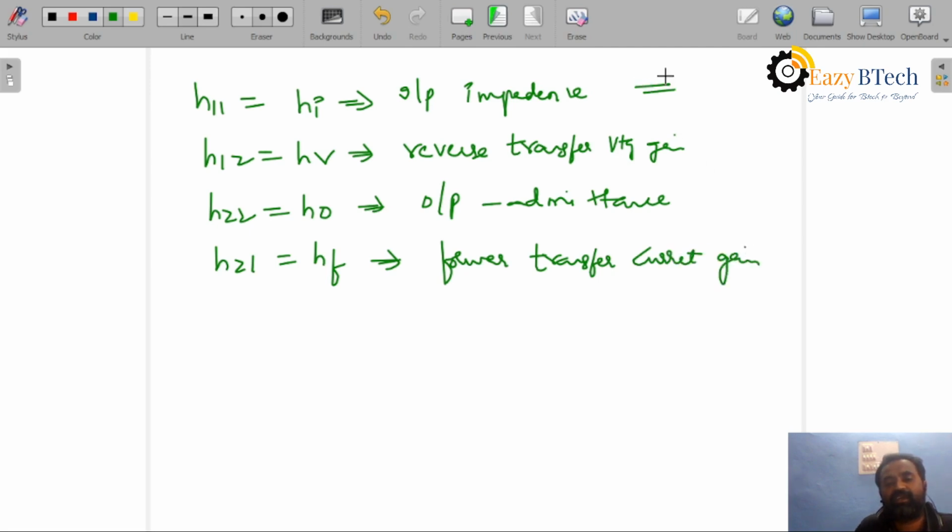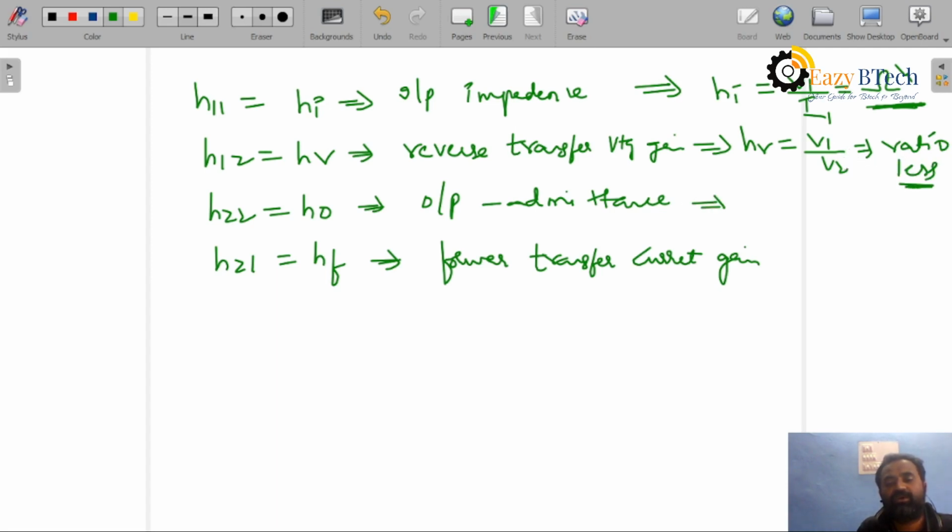This Hi is nothing but V1 by I1, it is a resistance, unit is ohms. Next, this is voltage by voltage. HR is equal to V1 by V2, ratio-less, no dimensions, no unit.